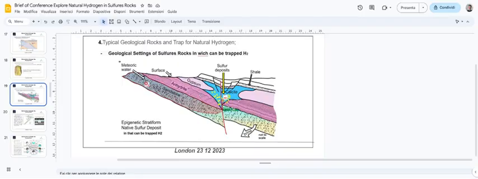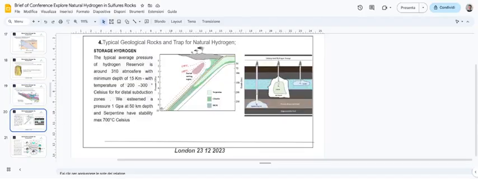Or also the faults make the presence of serpentinite in the upper footwall.